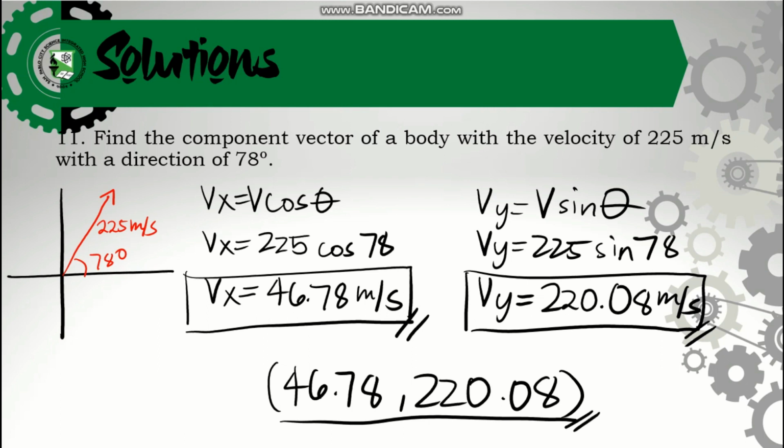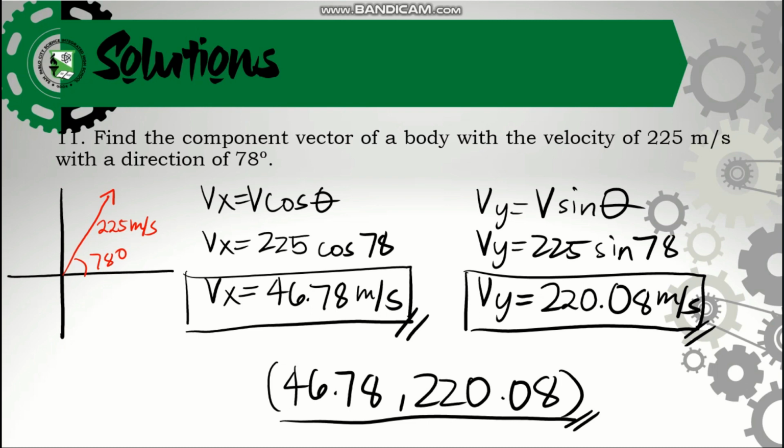So, for our class, I'm saying that I'm using 2 decimal places. So, please be careful with rounding up and then don't forget the unit. So, those are the component vectors, which are 46.78 and 220.08. If the question is asking you for coordinates, obviously you're just going to write the coordinates for that.